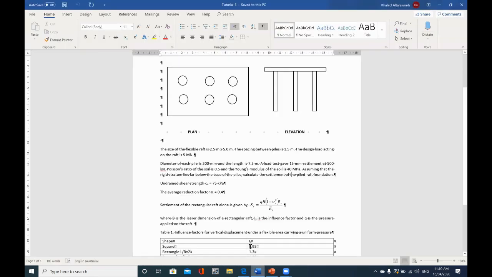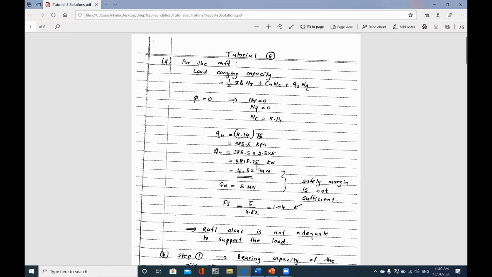And we need to remember that the working load is 5 meganewton, so we got the load carrying capacity as 4.82 and the working load as 5 meganewton. If we divide 4.82 by 5, the factor of safety will be the inverse of this value, so you just need to correct this one. So it's 4.82 divided by 5, and that will be less than 1. So the factor of safety is too far from the satisfactory value, which is 2.5.